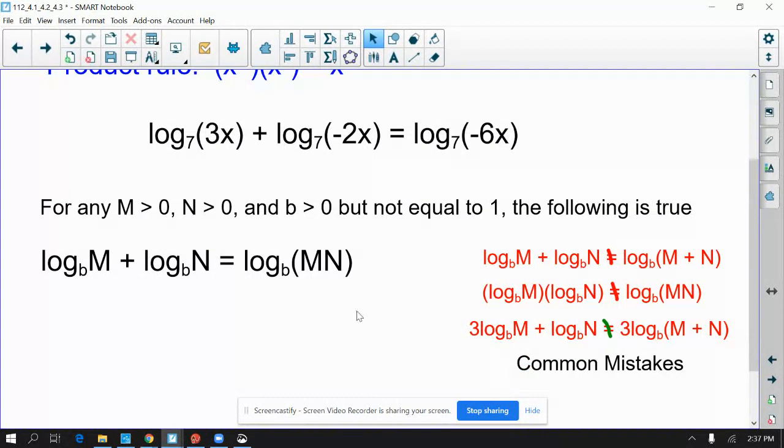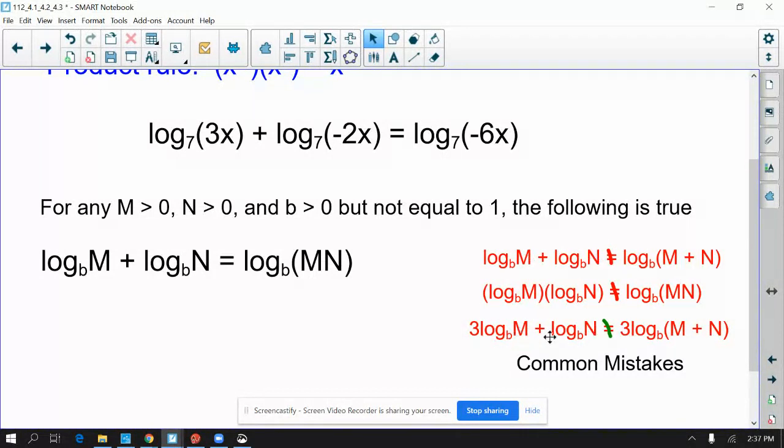Some common things that could go wrong, these I see a lot. First of all, multiplying two logs, you hardly ever do that. That's a very, very uncommon thing to do. So just these two right here, if you add these two logarithms, it does not equal the logarithm of the sum of the two arguments. You multiply m and n, you don't add them.